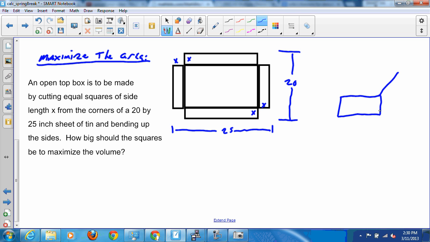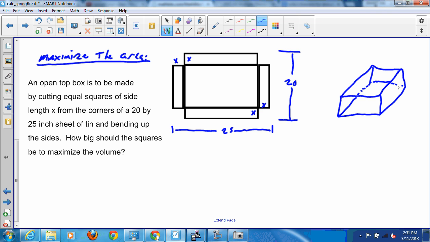Let's see if we can draw this. And another piece that comes down like this. Another piece connecting it right there.